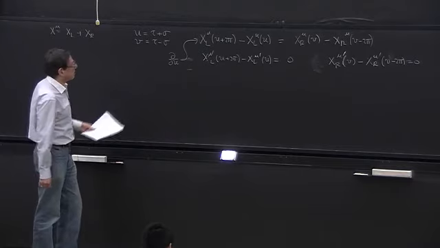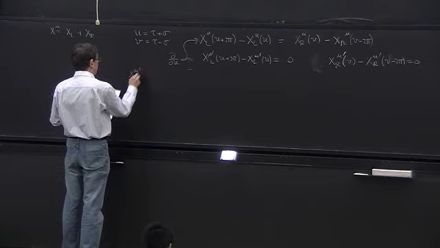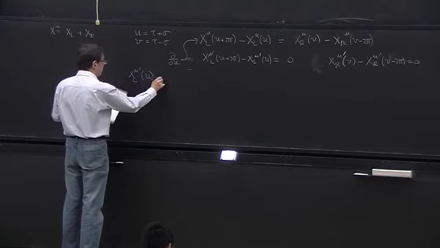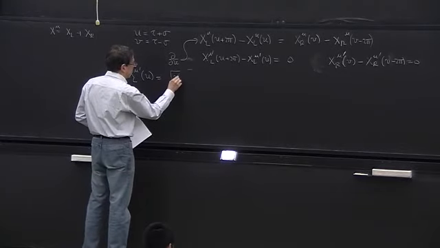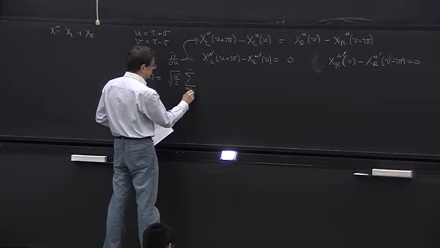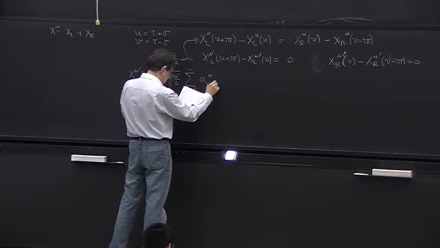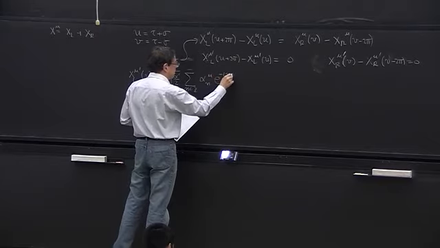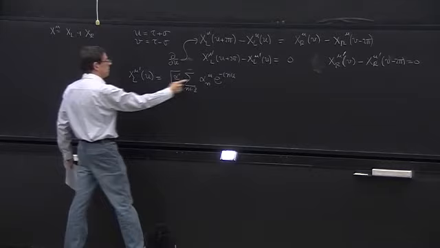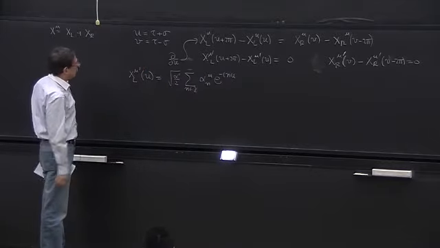So let me write something that is quite reasonable. x left mu prime of u, we're going to write it as square root of alpha prime over 2, sum over all integers, alpha n mu e to the minus i n u. This is periodic in u, has the looks of a derivative.